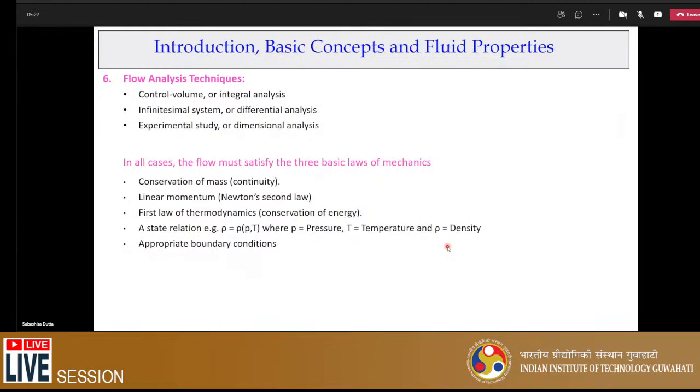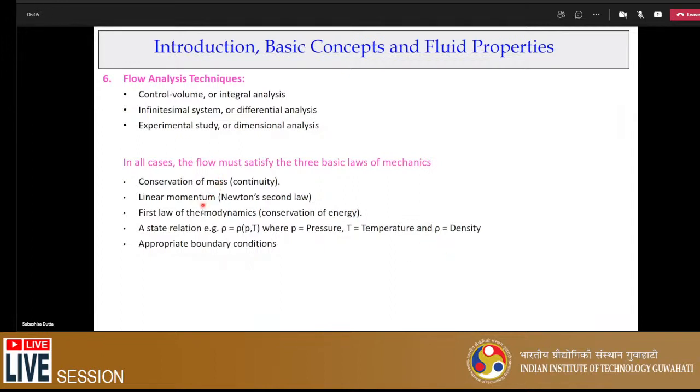And for most fluid mechanics problems we target flow analysis techniques. One is a control volume, a larger control volume. Or we can have an infinitely small control volume, which we call differential analysis. Or we do the experimental study. I hope you could see the many illustrations we discussed on how to differentiate between the different flow analysis techniques, like integral analysis, differential analysis, and dimensional analysis.